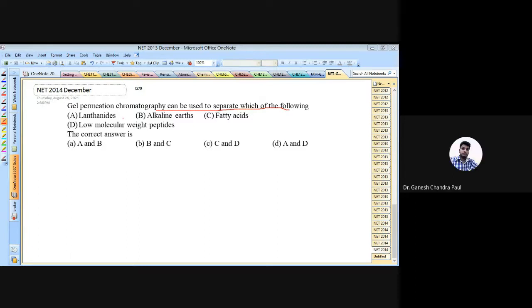So gel permeation chromatography is a separate method. It can be used to separate which of the following: lanthanides, alkaline earth metal, fatty acid, or low molecular weight peptides. Which option is the correct answer?